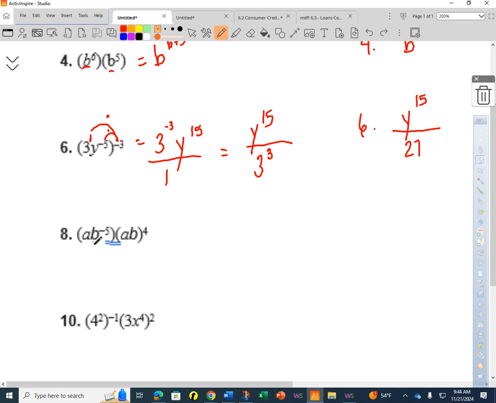So a times b to the negative 5th power times a times b to the 4th power. Brooklyn, is this a power to power or multiply like base times like base? Perfect. Multiply like base times like base. Now here we have A, B, A, B. So remember, it's like base, A times A, and B times B. However, there is a power to a power here.